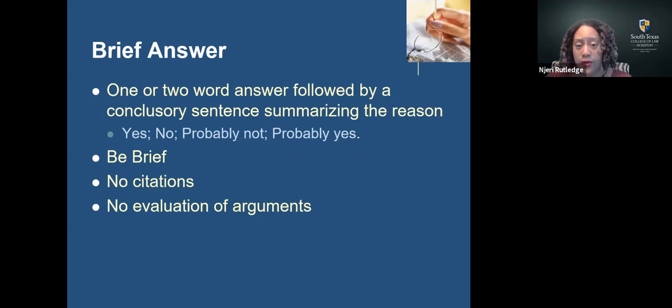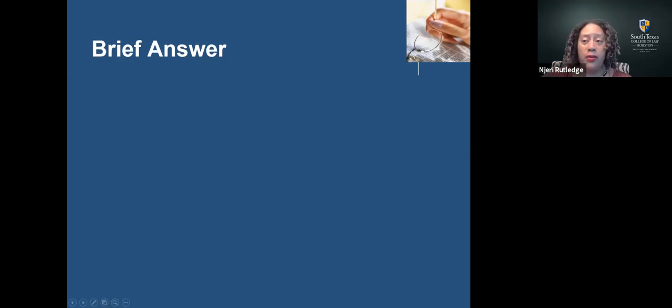Citations are disfavored in both the question presented and brief answer. So this is not the time for you to quote a statute or give me rules out of a case. This is actually an opportunity where you get to give that conclusory sentence about what is the basis for your conclusion. It's not a time to evaluate any arguments. It needs to be responsive to the question presented.